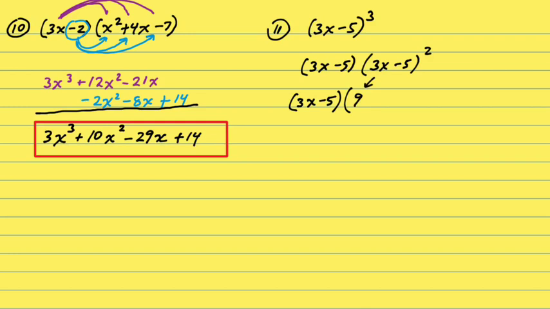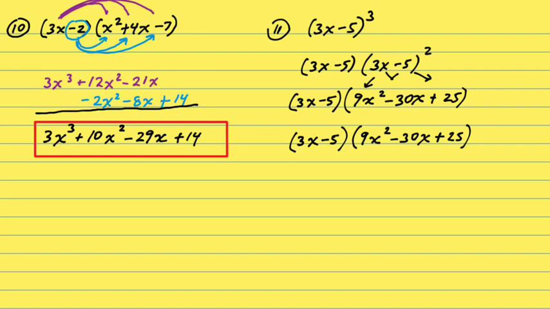Square the first, multiply these and double it, so that's negative 15x doubled is negative 30x. Square the last is 25. You could get that also by writing it out twice and foiling it or distributing it. But again, I'd prefer you to learn the rule: square the first, square the last, twice the product in the middle.